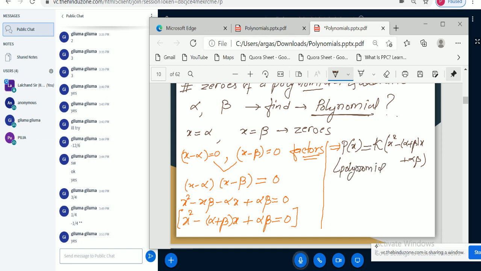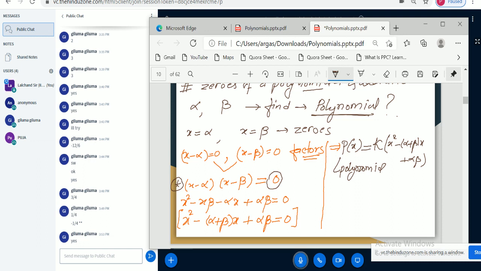Because here we are equating it equal to 0, the k value is divided over 0, so it is removed from the equation. But in case of p(x), we have to balance the coefficient of x square. To balance the coefficient of x square, we put a constant k. To find the value of that constant k, some condition is provided in the question.